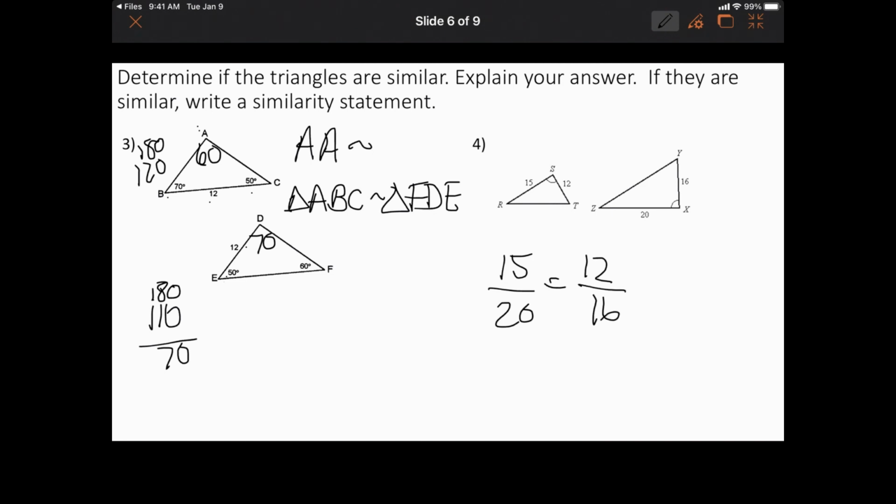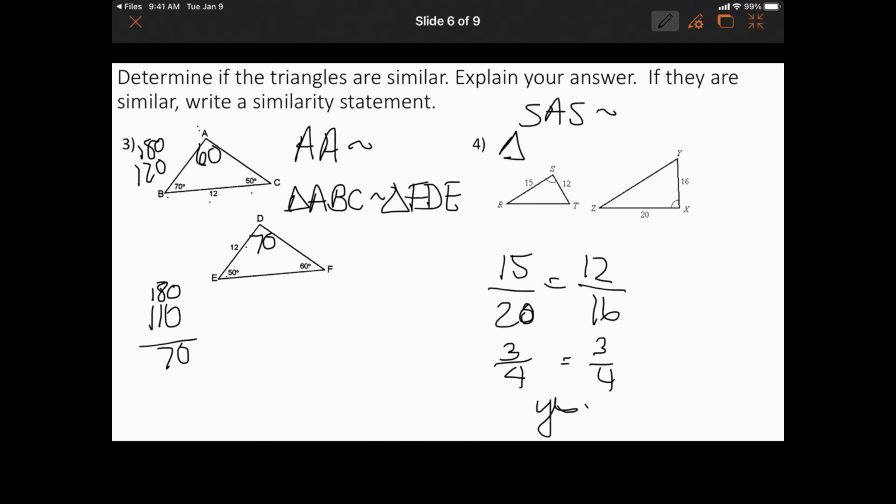So again, you can cross and multiply, or you can simplify either way. I like to reduce because I like fractions. So that's 20, and this reduces by 4, that's 3/4. So yes, they are proportional. So this is side, angle, side, similarity.